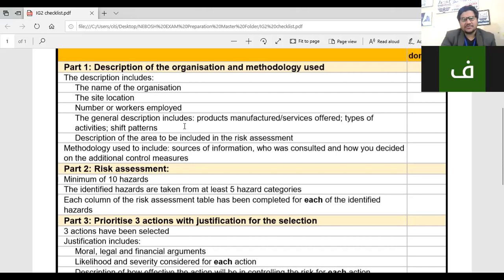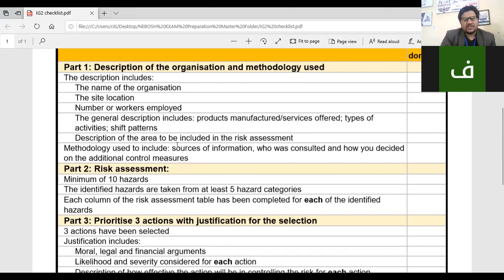And the general description includes products manufactured, services offered, a brief profile of that company: what exactly they are doing, what kind of products and services they have, their types of activities and shift patterns. Do they have only 1 shift or 2 shifts or maybe 3 shifts? What I mean is, you have to make sure this information is in part 1 of your risk assessment project.